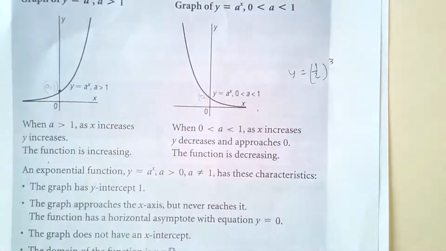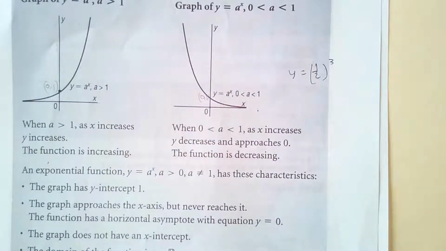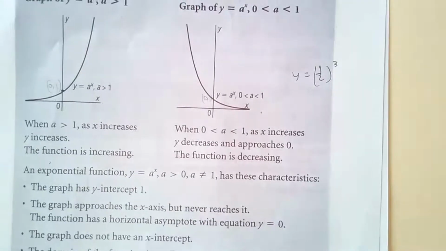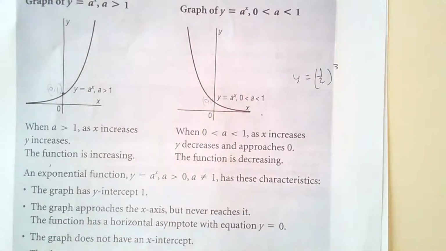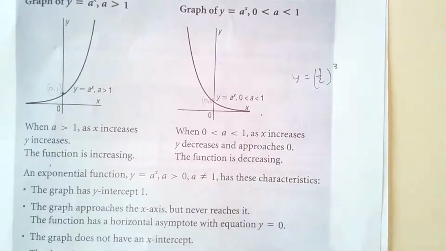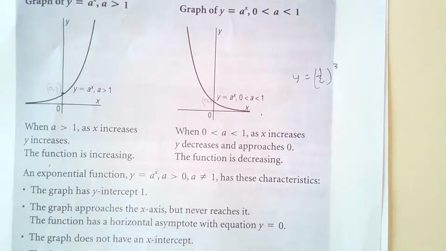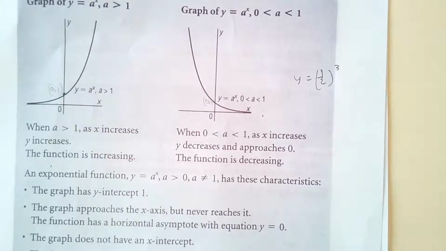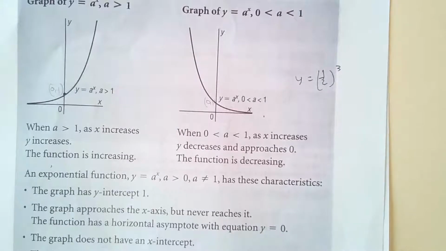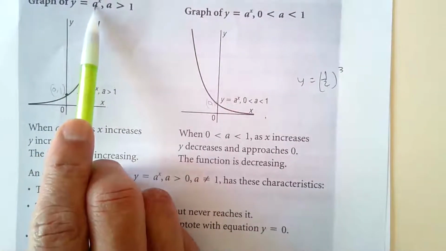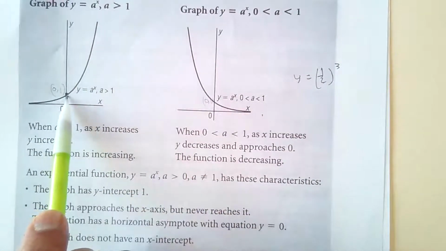The horizontal asymptote is also the same, except that it's a decreasing graph where a is between 0 and 1. If a is greater than 1, the graph is increasing. So a basic y equals a to the x graph is a graph that intercepts at 0, 1.